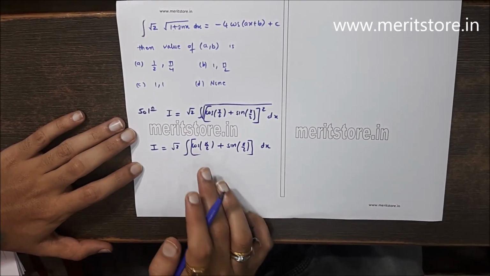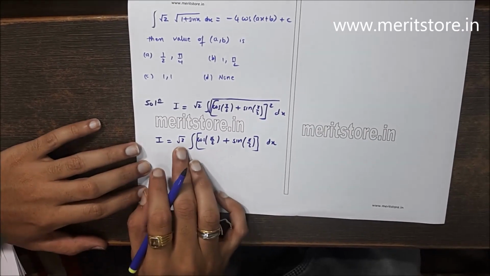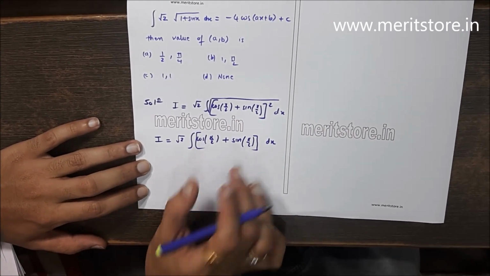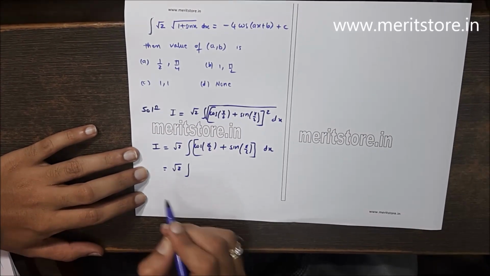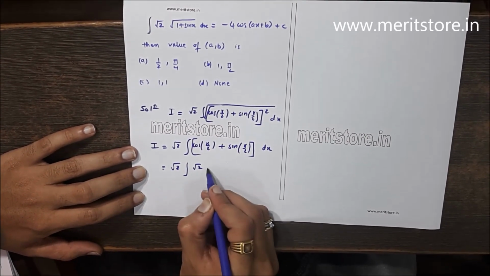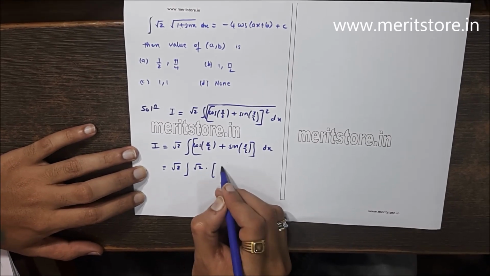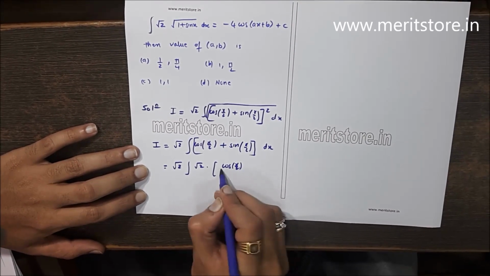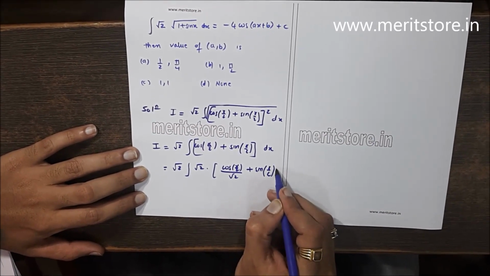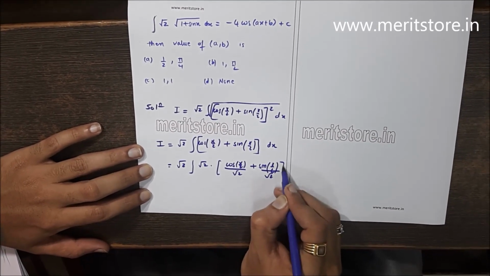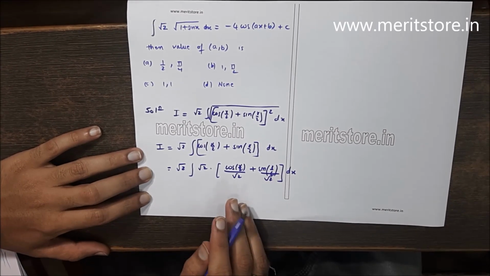Now since we have a root 2 here, I am multiplying and dividing by root 2 inside. We'll get cos x by 2 upon root 2 plus sine x by 2 upon root 2 dx.